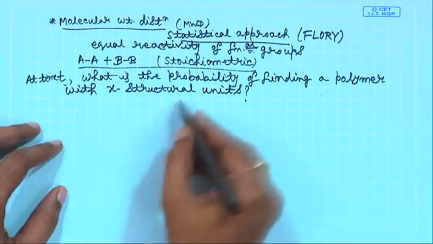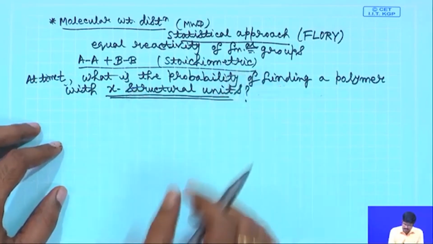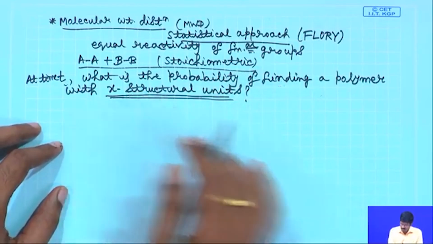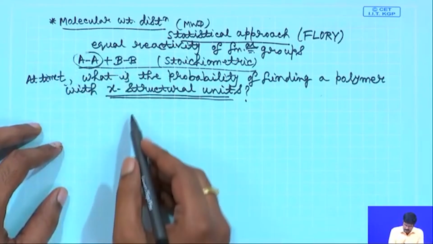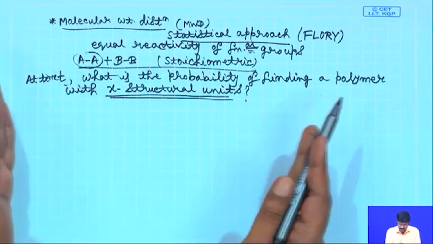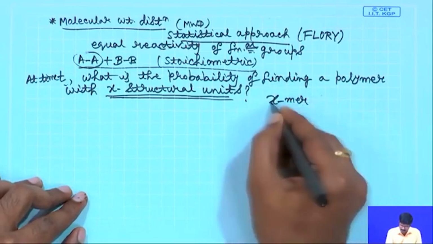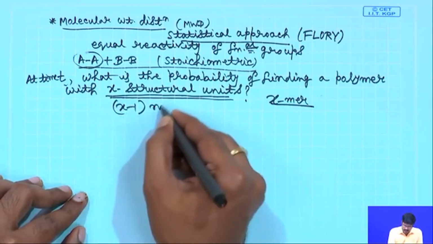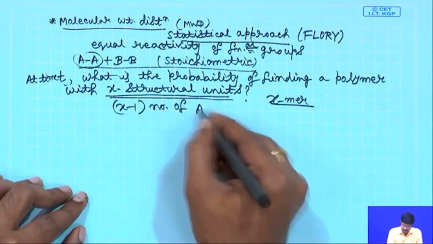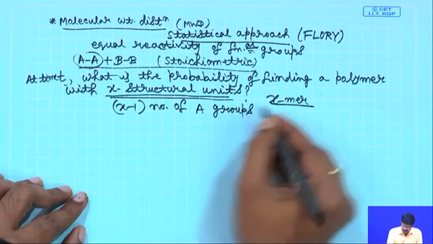So, in order for this situation to unfold, what should happen to the A functional units? For a polymer of x structural units, or an x-mer, to be produced, you basically need x minus 1 number of A groups to react.